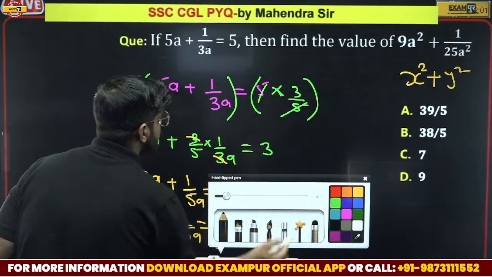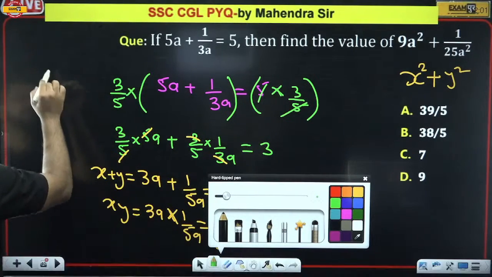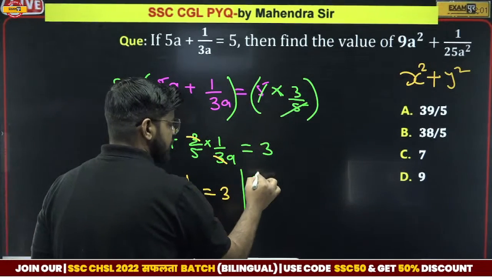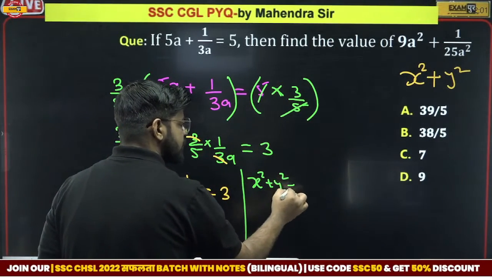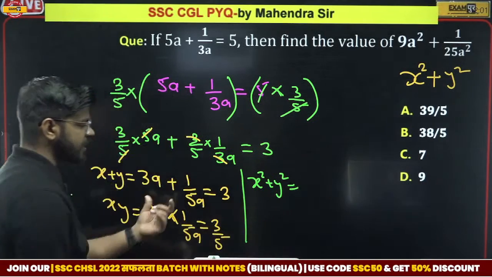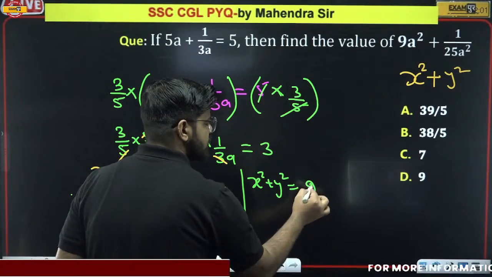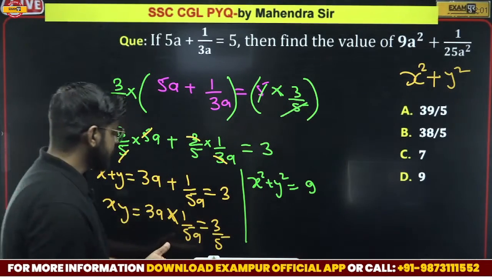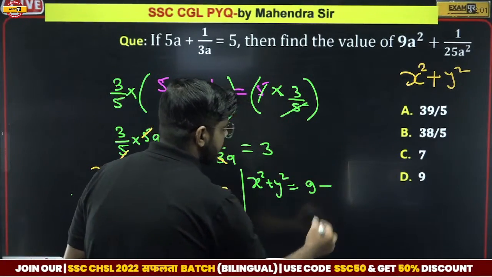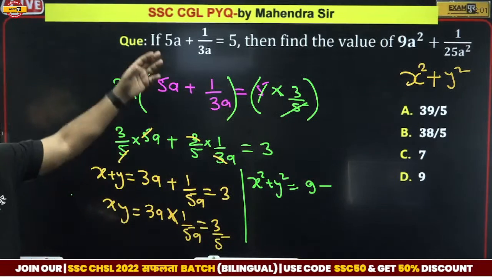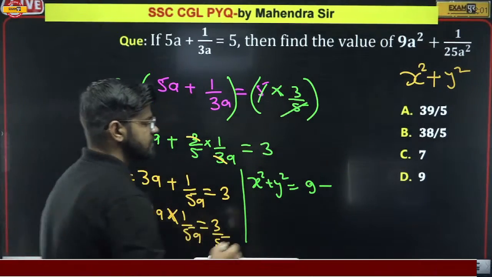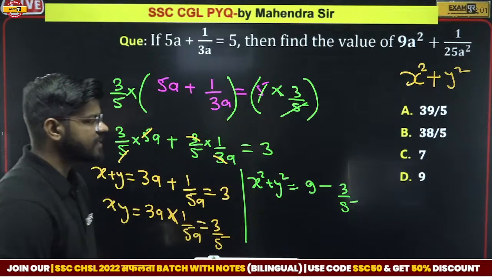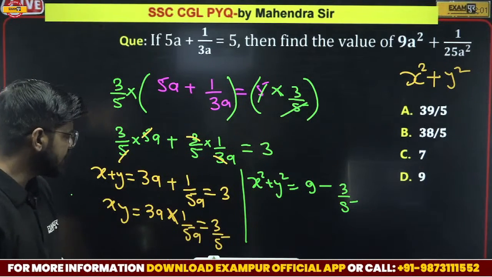We know the formula. x square plus y square is equal to x plus y whole square, that means 3 square, 9, and minus, because we have plus here, minus 3 by 5. Clear to everyone?